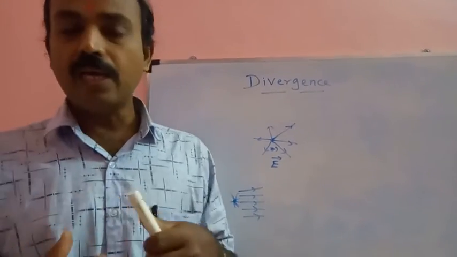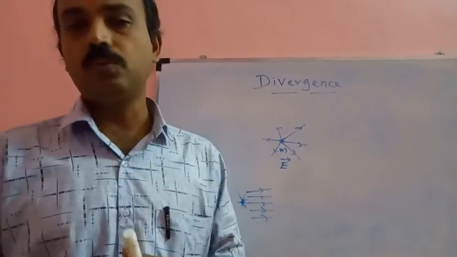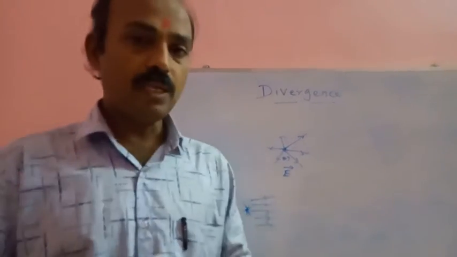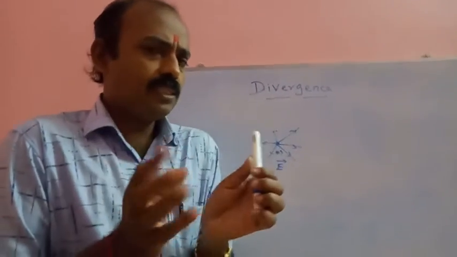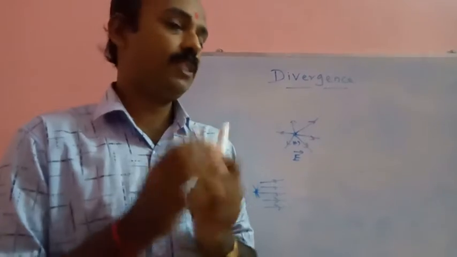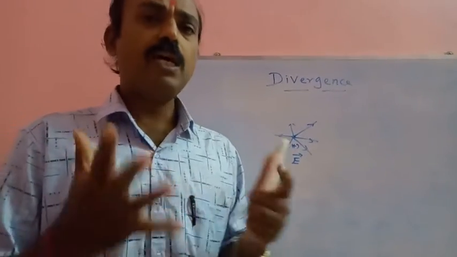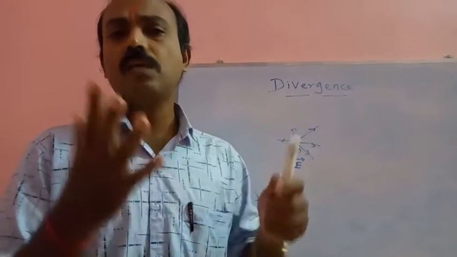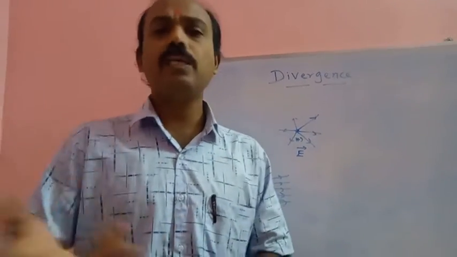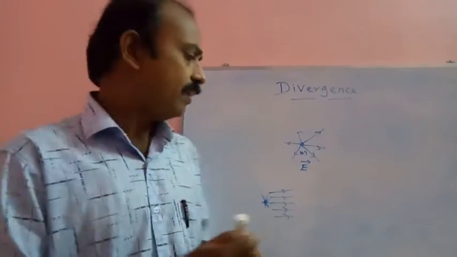Now we move to the third one, the convenient one to express the divergence. Generally divergence is nothing but spreading out of a vector from a point. Vector means it has a specific direction, maybe x, y, z direction. Then the divergence of vector f.